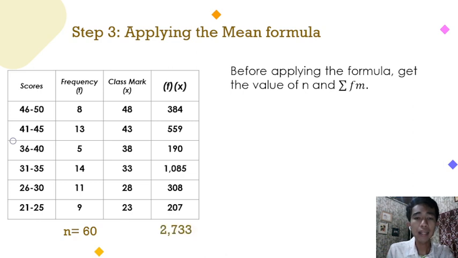And the summation of fx, which is 384 plus 559 plus 190 plus 1085 plus 308 plus 207, results in 2733.